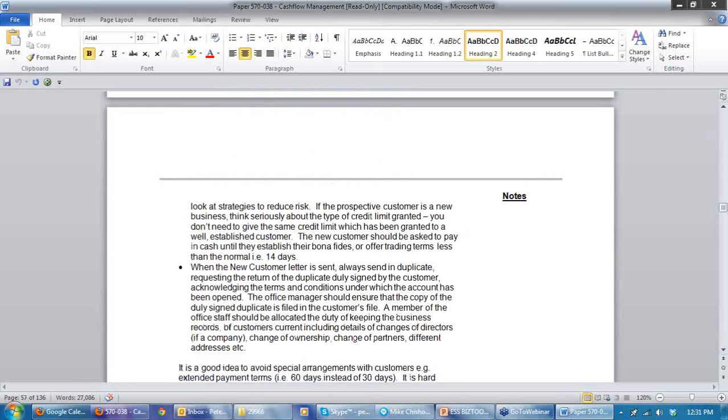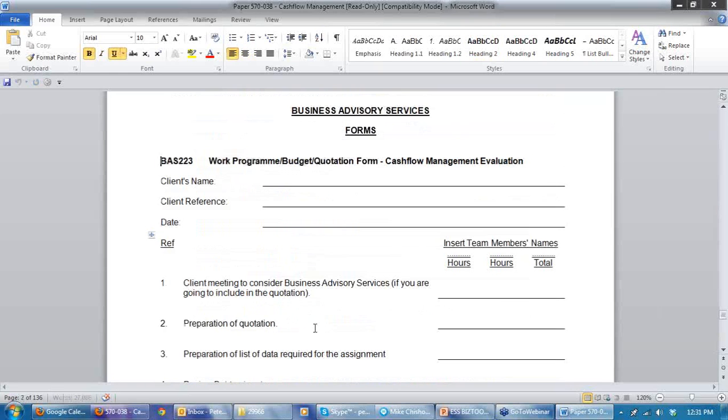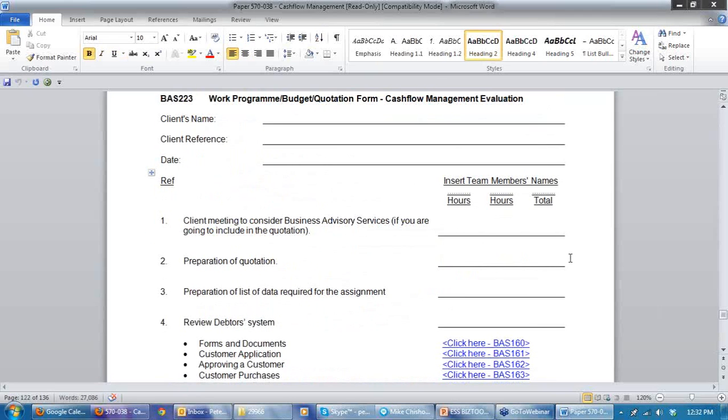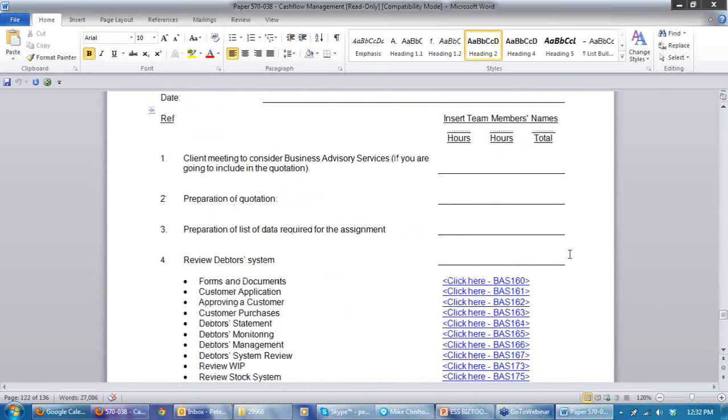We also have a form to assist in preparing quotations. We found initially in New Zealand and then in some firms in Australia not much experience in preparing quotations, especially for new type of work, so we've included a quotation form in each of these modules in Business Advisory Services.